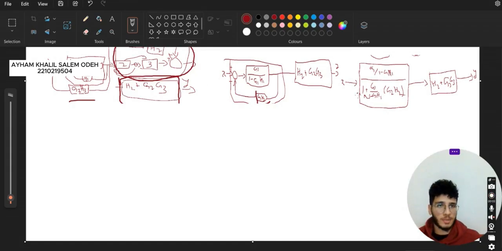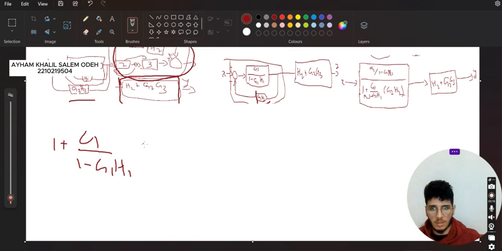Now, let's simplify that fraction. We've got 1 plus G1 over 1 minus G1 H1. We're going to multiply it over there. It's going to be, okay, there's a G2 H2.